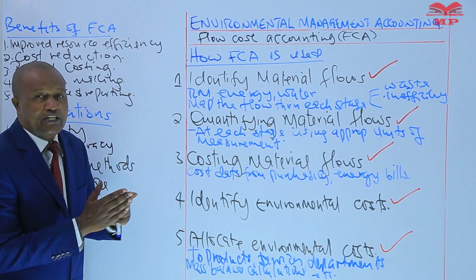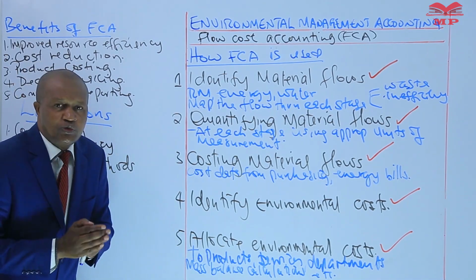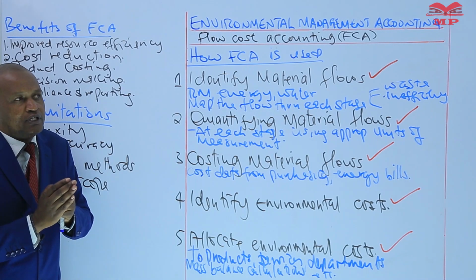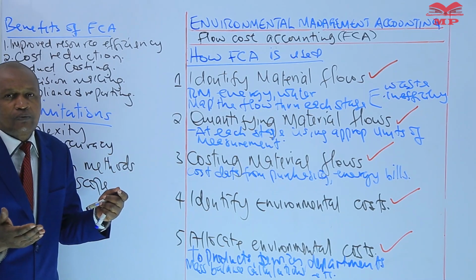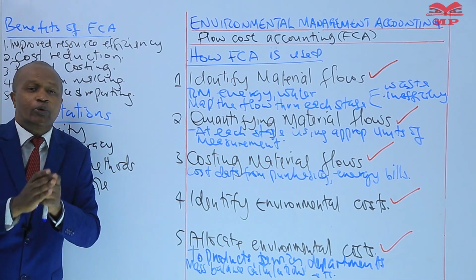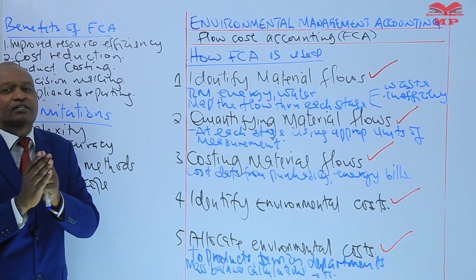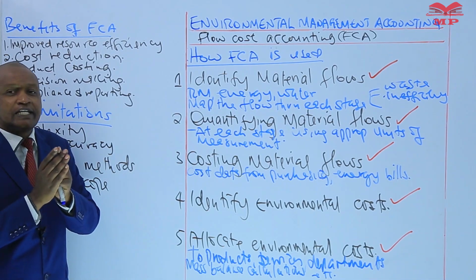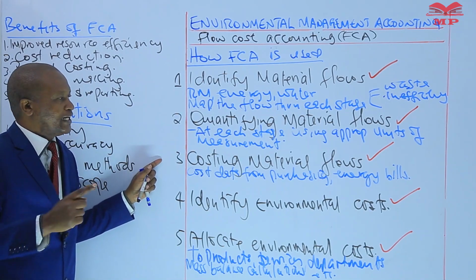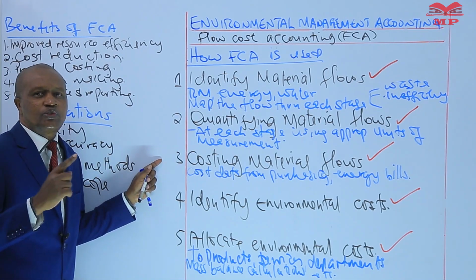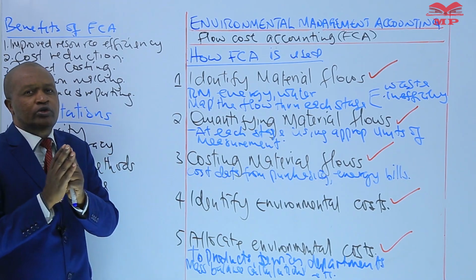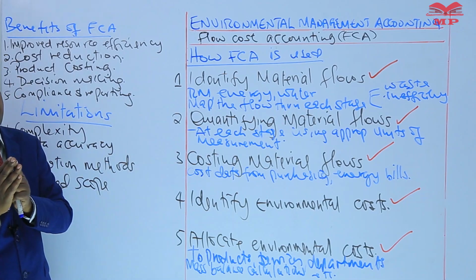This technique offers valuable insights into resource efficiency, cost reduction, and product costing. However, candidates, implementing the flow cost accounting technique requires careful planning, requires data accuracy, and also choosing the most appropriate allocation methods to ensure its effectiveness.